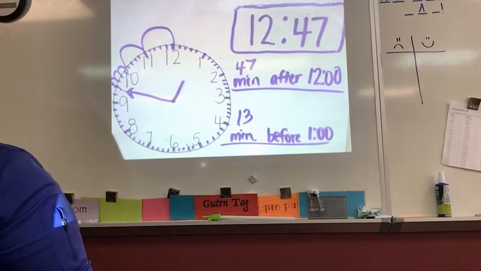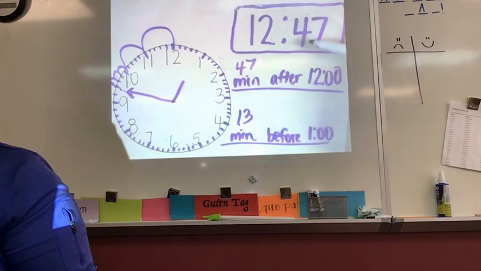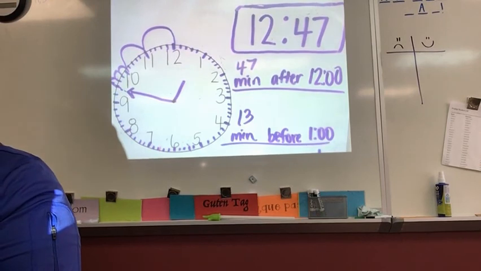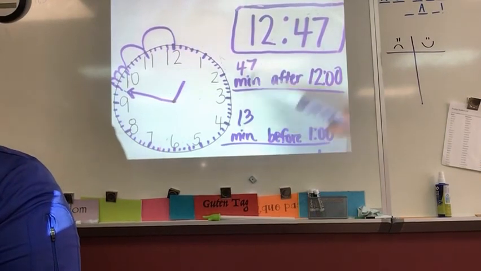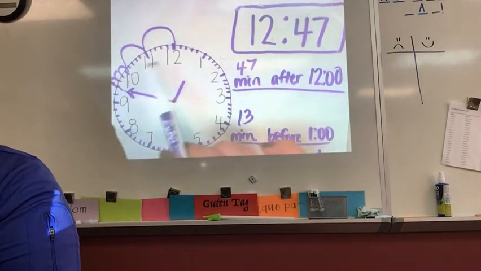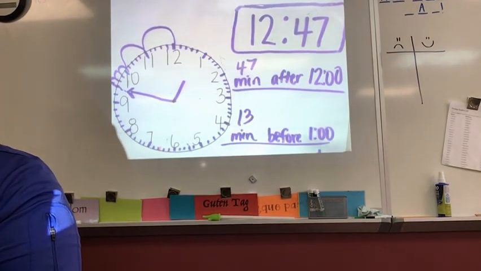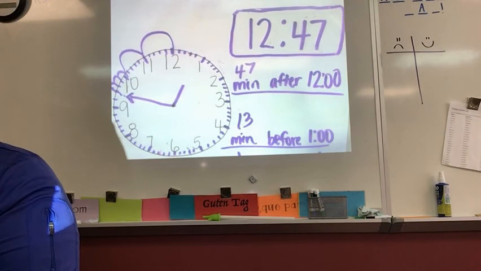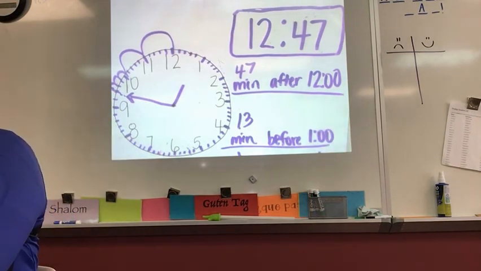We always double check that this time is in between 12 and 1. Yes. And then we double check that these minutes add up to what? How many minutes are on the clock? 60. All right, 7 plus 3 is 10. 4 plus 1 plus that extra 10 is 6. So we are good to go there. It is 47 minutes after 12 o'clock and 13 minutes before 1 o'clock.